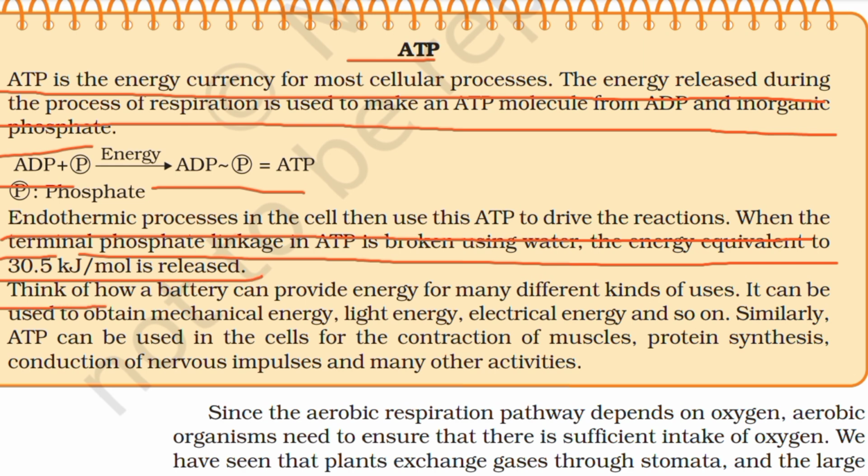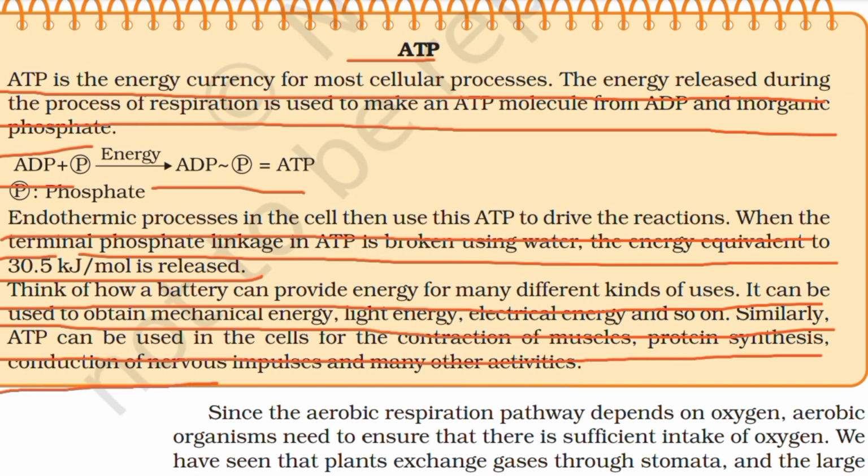Think of how a battery can provide energy for many different kinds of uses. It can be used to obtain mechanical energy, light energy, electrical energy, and so on. Similarly, ATP can be used in the cell for the contraction of muscles, protein synthesis, conduction of nervous impulses, and many other activities.